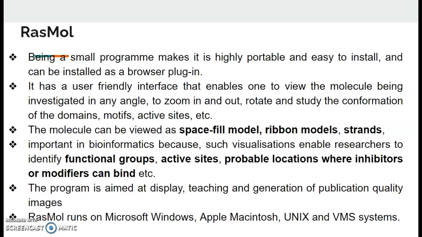The program is aimed to display, to teach, and to generate publication quality images, and all the known protein structures are stored here, so we can get a better idea about a macromolecule. And it can be run on any operating system like Windows, Apple Macintosh, Unix, or VMS systems.